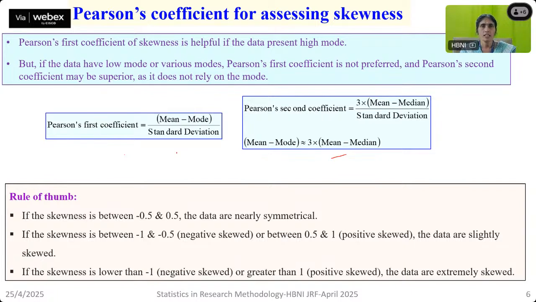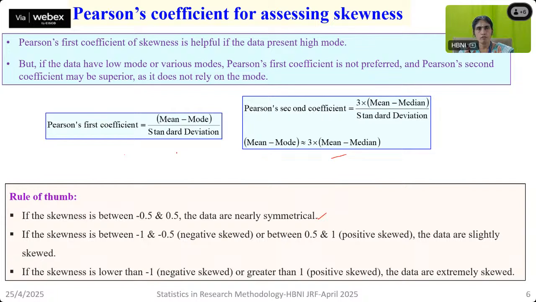Then once you calculate this coefficient, you can get an idea regarding the skewness of the distribution. If this coefficient value comes out to be between minus 0.5 to plus 0.5, then we presume that the data is more or less symmetrical.